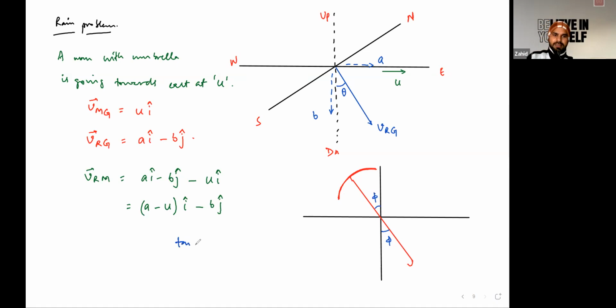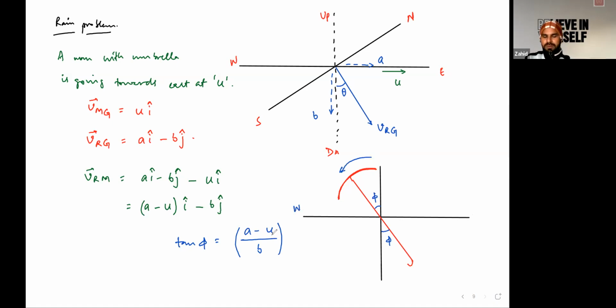So if you calculate tan phi, it will be perpendicular over base. In this part, the perpendicular will be the x component, so it will be (a minus u) divided by the base, that will be b, like this. If a is more as compared to u, the inclination will be towards west.